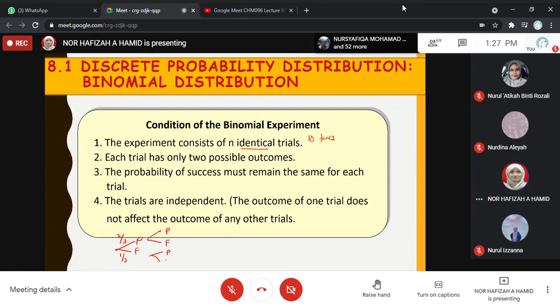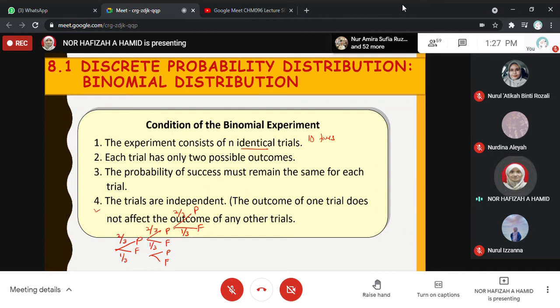Okay, so dia mesti pass 2/3 and fail must be 1/3. Kalau you ambil until 3 pun, dia mesti probability dia sama. Baru you boleh consider as binomial distribution. Okay, dia tak boleh jadi yang macam reduce tu. Okay, so kalau probability dia berubah, then dia akan jadi not binomial distribution lah.